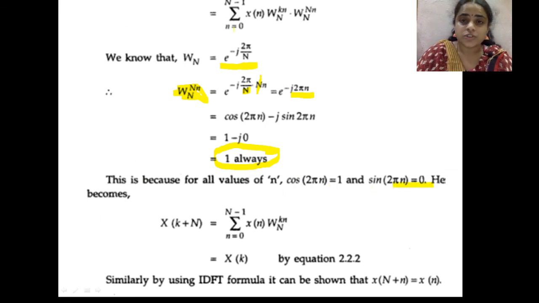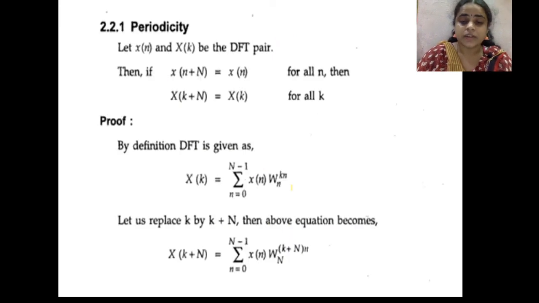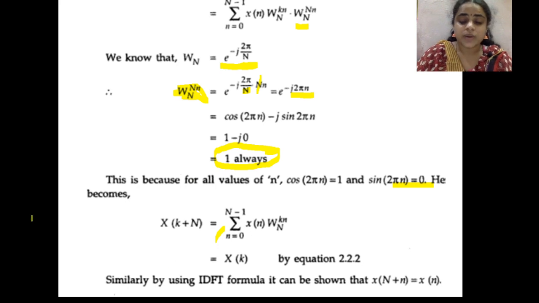So if you substitute 1 here, this becomes summation n equal to 0 to N minus 1 x of n into omega N power kn, which is nothing but our capital X of k value. The same equation comes here. That's why it exhibits the periodic property.